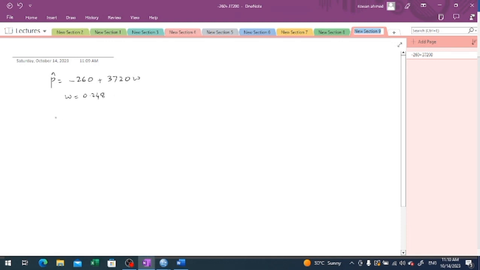So we simply substitute 0.248 in place of W, and this is how we get the estimated price of such a diamond whose weight is 0.248.